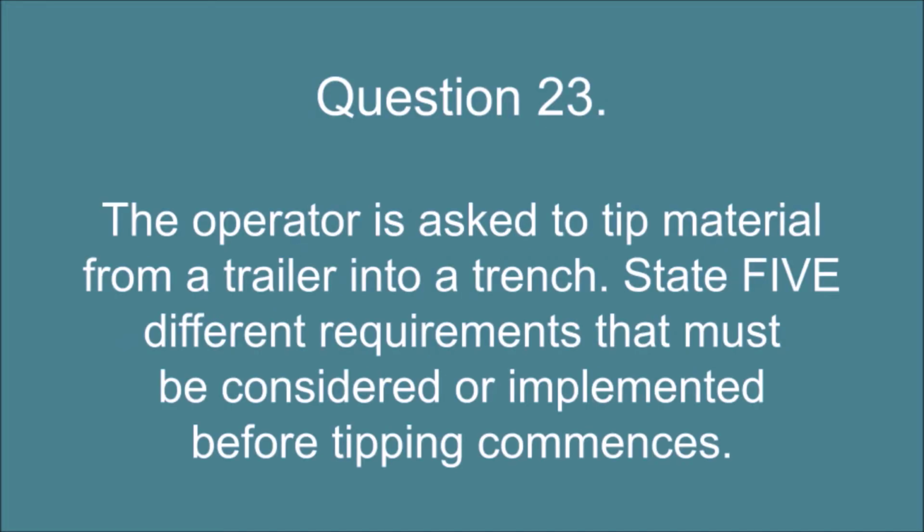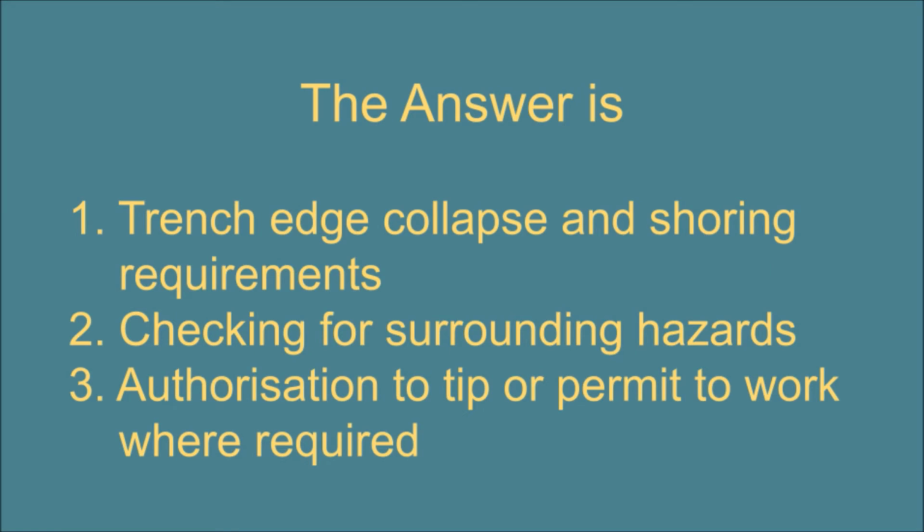Question 23. The operator is asked to tip material from a trailer into a trench. State 5 different requirements that must be considered or implemented before tipping commences. The answer is: 1. Trench edge collapse and shoring requirements. 2.